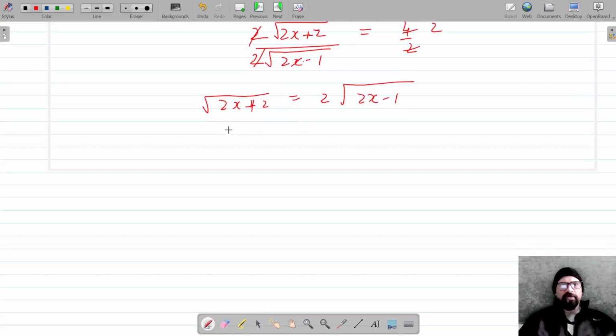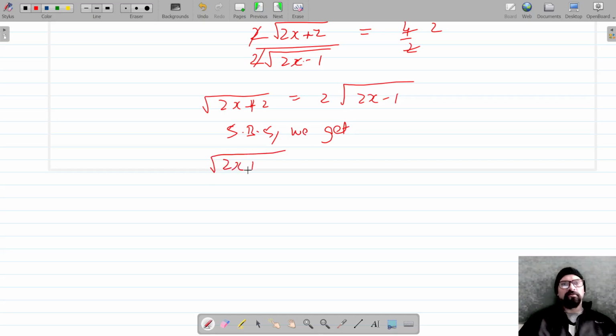So square on both sides, we get 2x plus 2 the whole square is equal to 4 times 2x minus 1 the whole square under root. So square and root get cancelled.